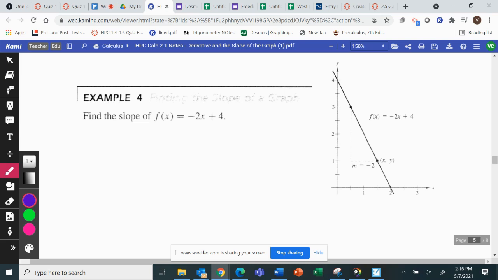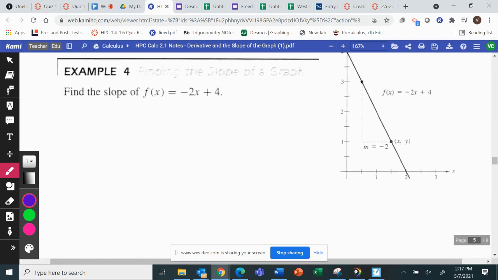Now we're going to do it using this formula just to practice the formula. We already know the answer. So we're going to find the slope of this line by using the limit as delta x approaches 0, and we're doing the formula that says f of x plus delta x minus f of x over delta x.